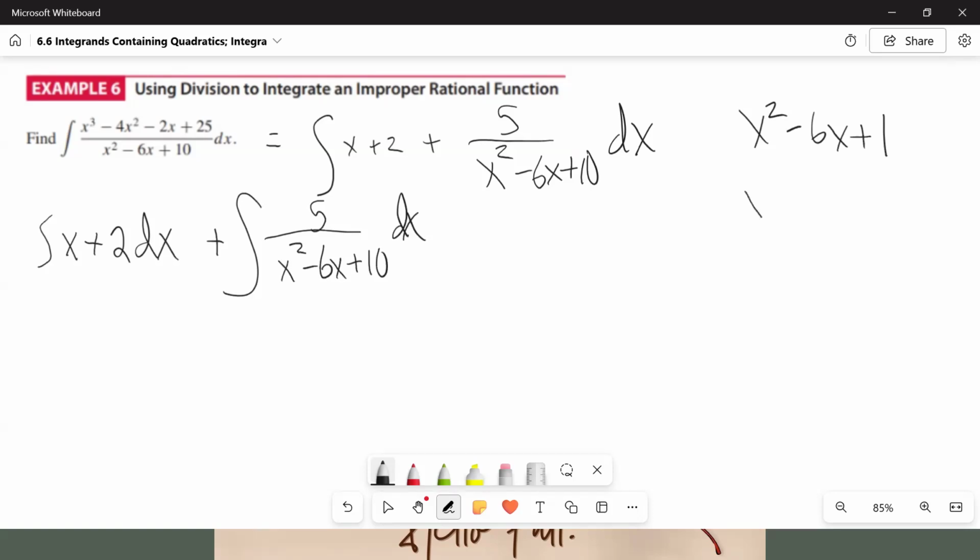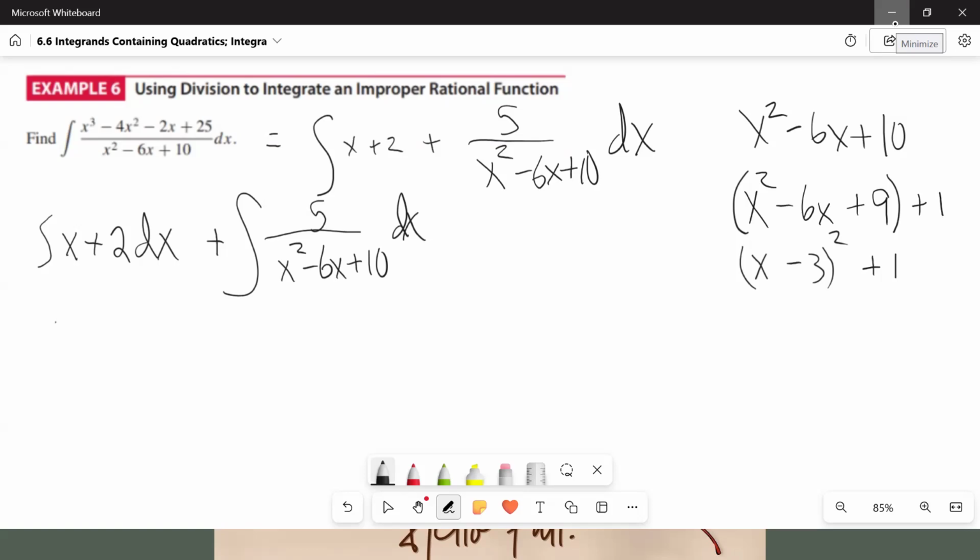Now, I know that x squared minus 6x, oh, I forgot the 0 there, plus 9 is a perfect square, x minus 3 quantity squared. So all I have to do is rewrite the 10 as 9 plus 1, and then group the first 3 terms together and get x minus 3 squared plus 1.